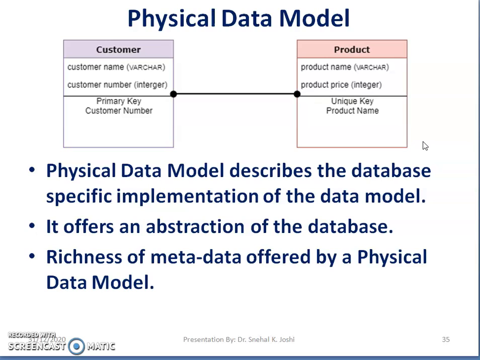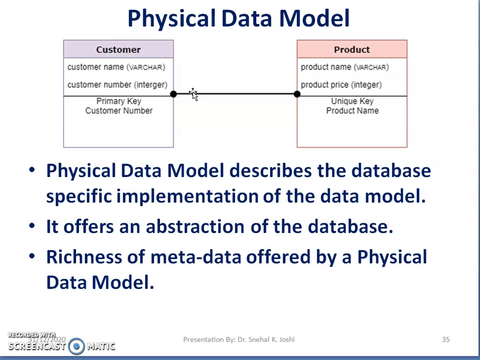The richness of metadata is offered by the physical data model. So here, customer and product are two entities, they have a relationship and it is described as customers purchase product.